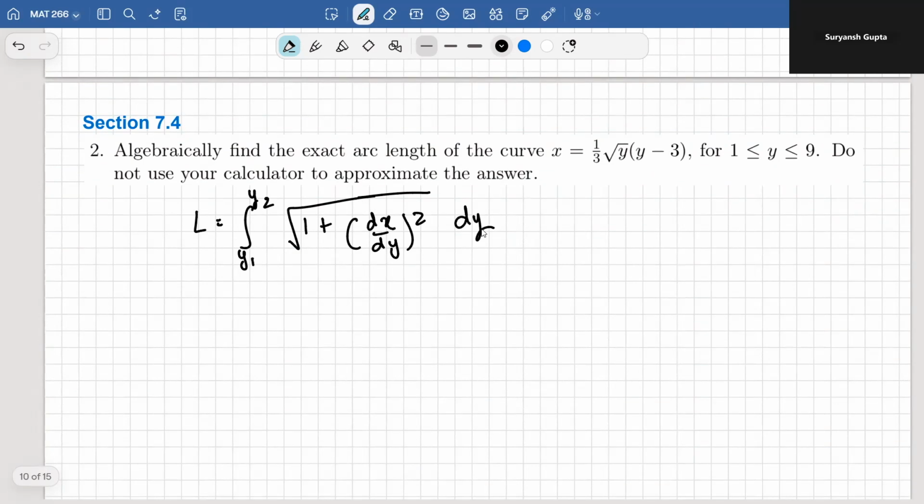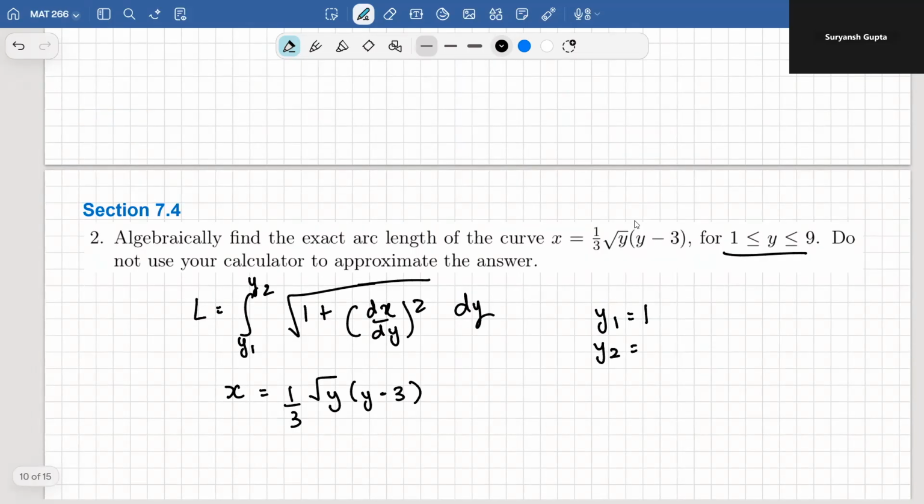So we are given x is equal to 1 by 3 times root y times y minus 3. And our y1 is also given in the question, which is equal to 1, and y2 is equal to 9.